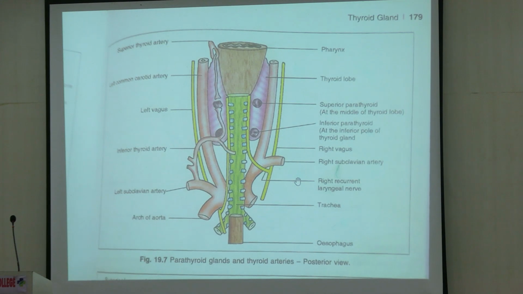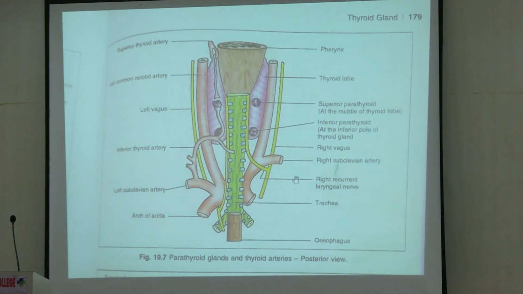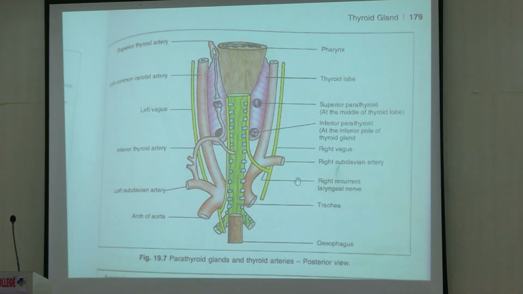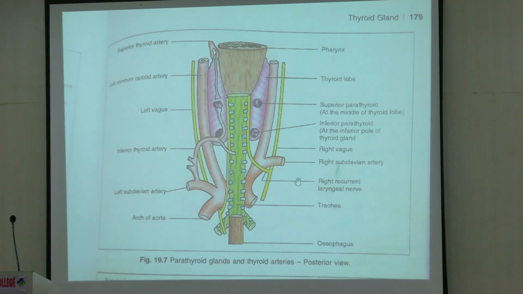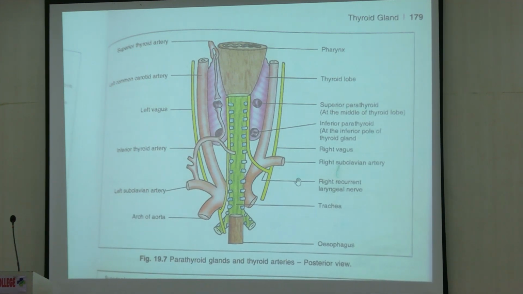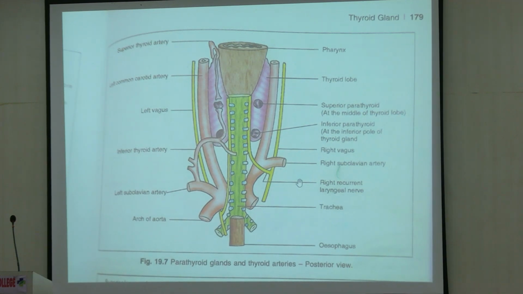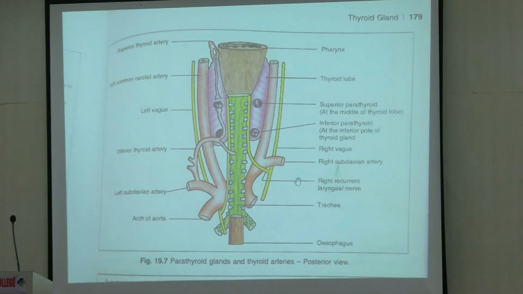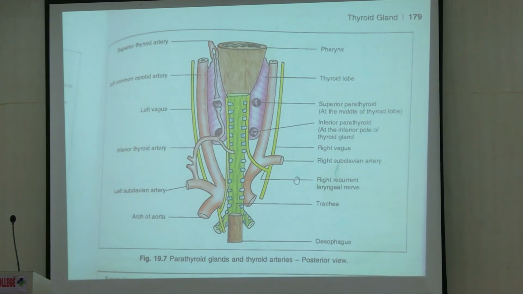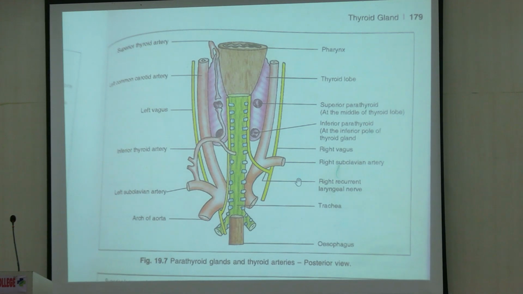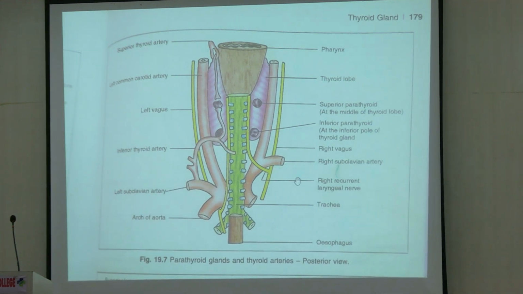Now, the inferior thyroid artery is the branch of, look at the diagram and tell me. It is a branch of the subclavian; how many branches come from the arch of aorta? Brachiocephalic, from right to left, brachiocephalic, then left common carotid, then left subclavian.